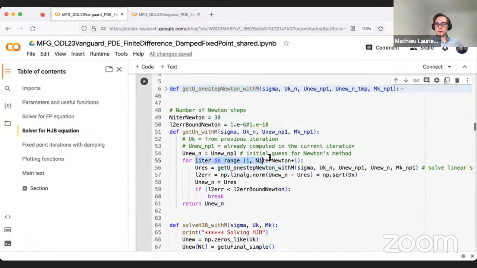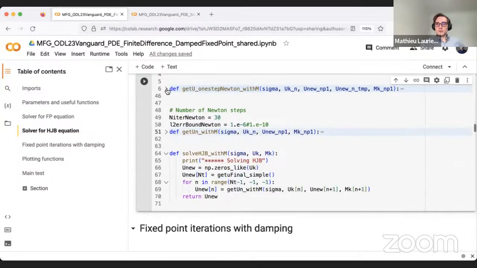This is a loop for the Newton method. By the way, this part is just to check if the Newton method has converged or not.